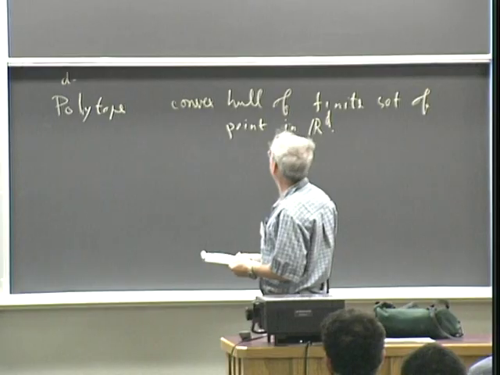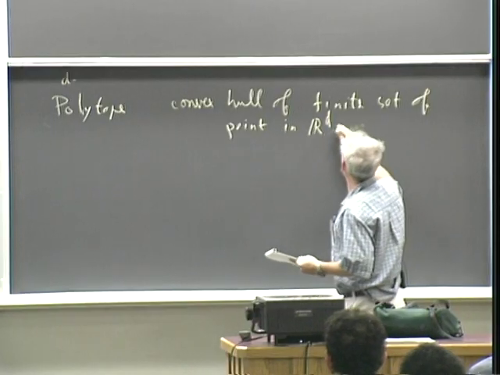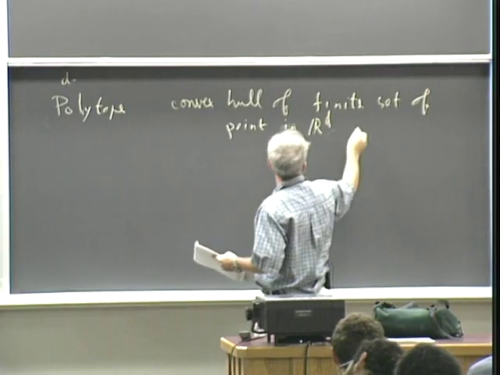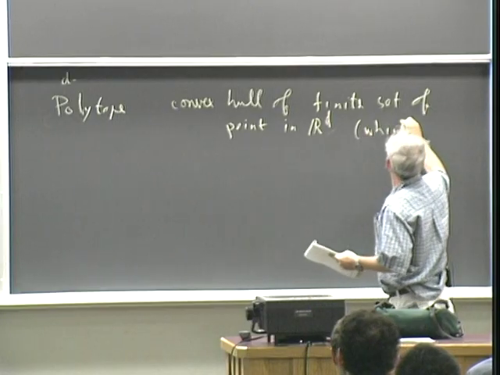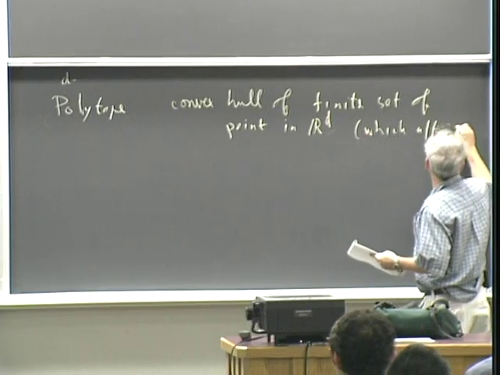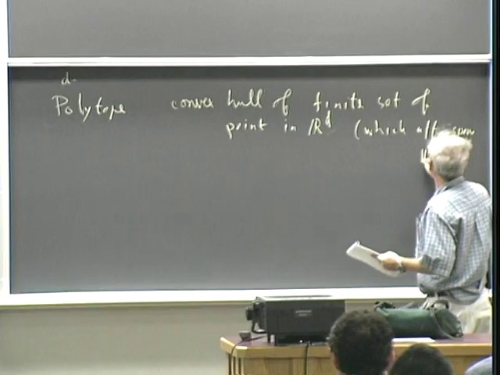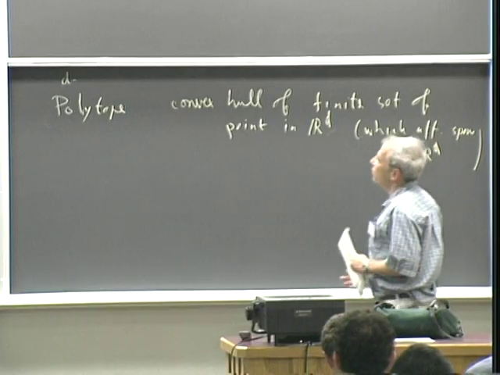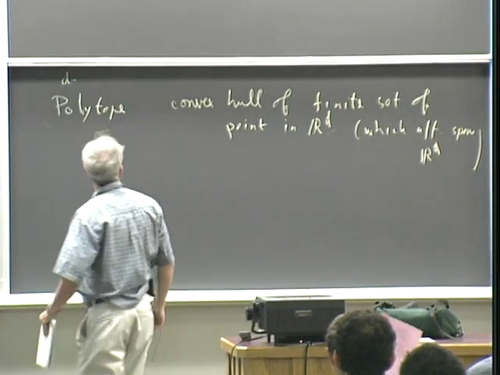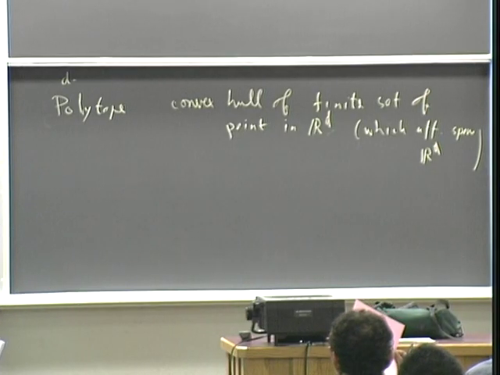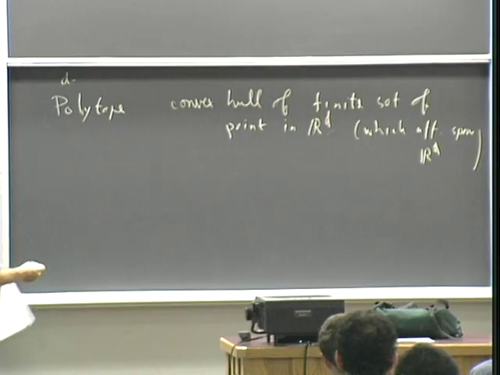And let's say a finite set of points in R^d which finally span R^d, otherwise it's a lower dimensional polytope. So this is a polytope, and polytopes have a nice face structure, which is our main interest.